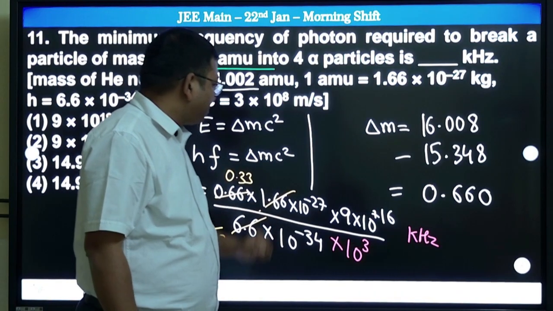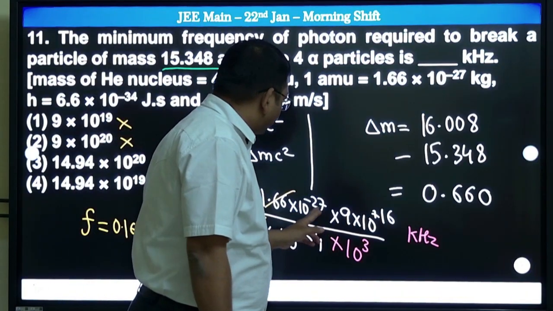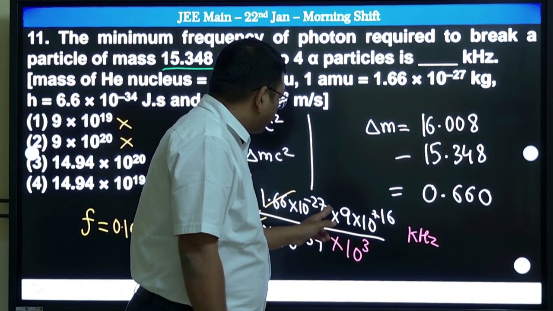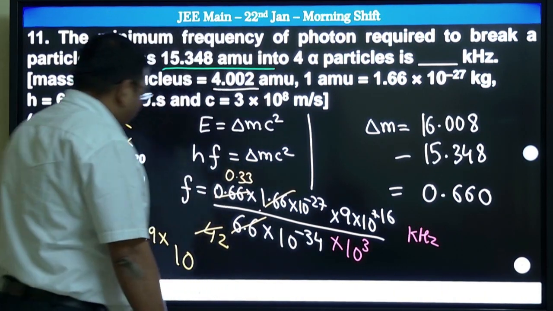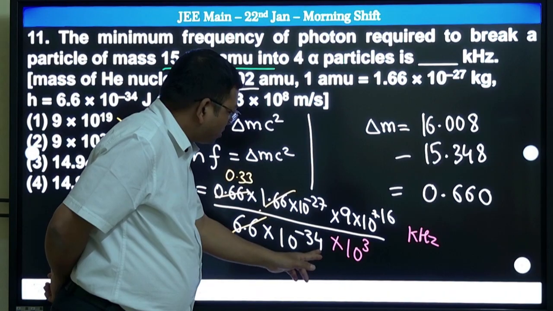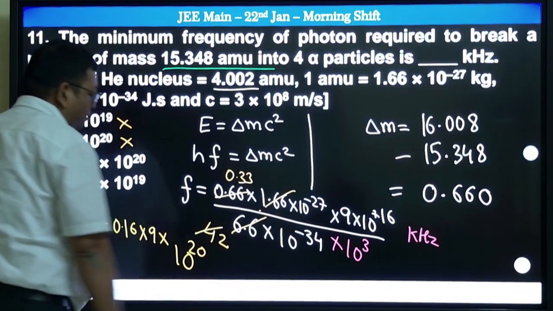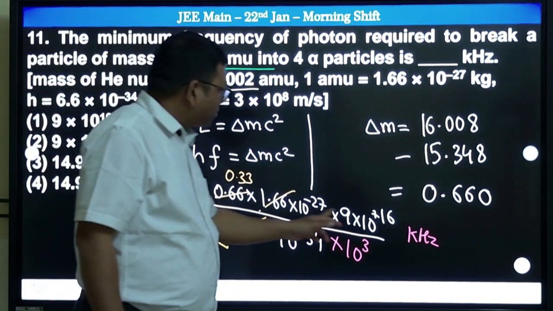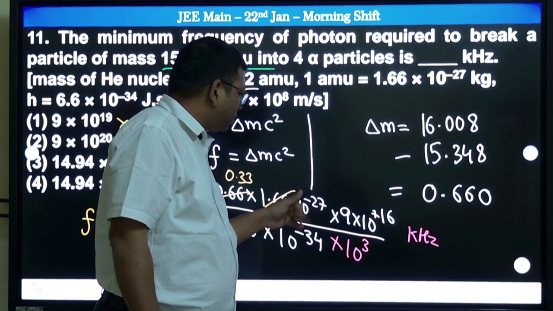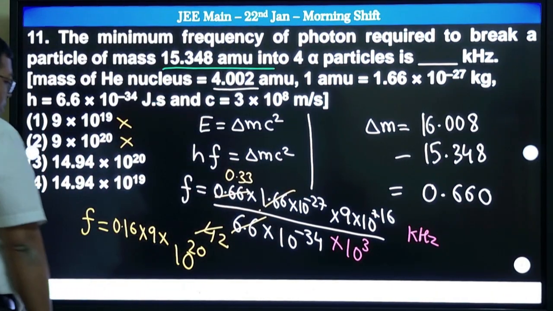How much it will come? Do this first. So minus 27 and 16, how much it will become? Yes, this will become minus 11. So minus 11 and here minus 31, so 31 minus 11 is 20, right?